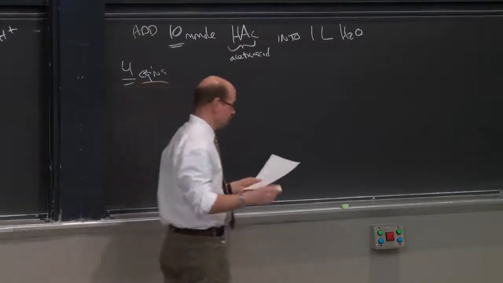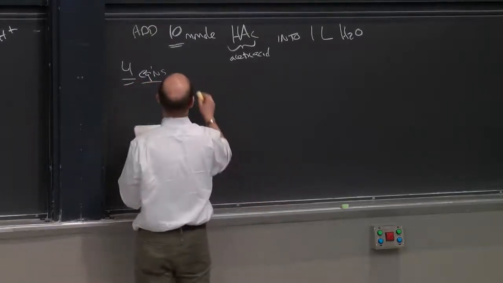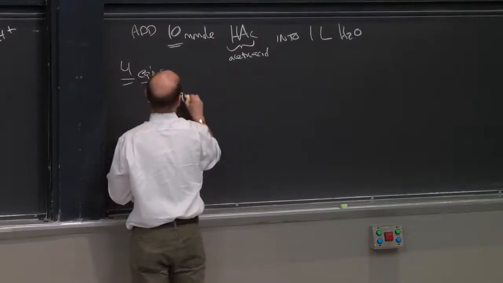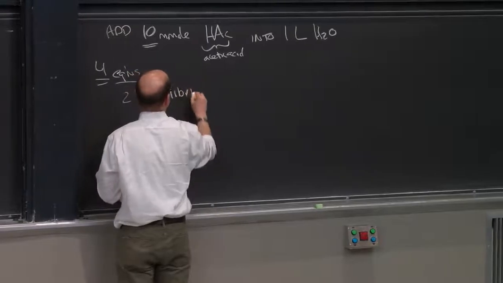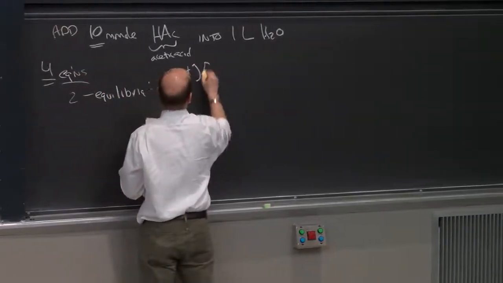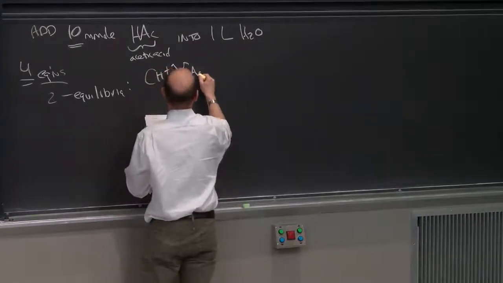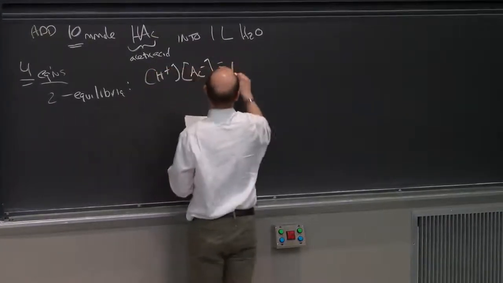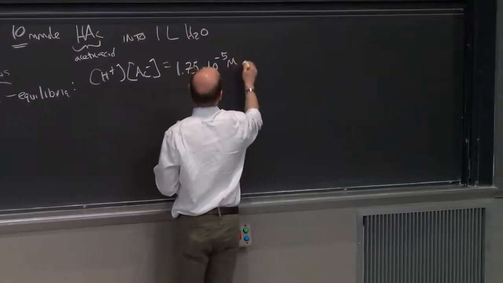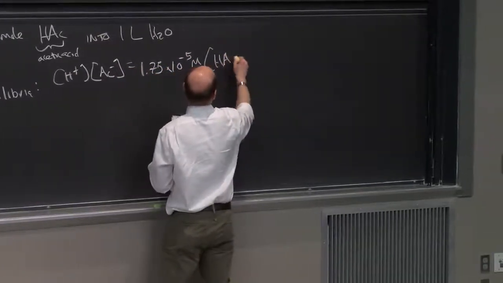So 2 of the equations correspond to equilibria. And those equations are that the concentration of protons times the concentration of acetate anion is simply equal to 1.75 times 10 to the minus 5 molar times the concentration of acetic acid.